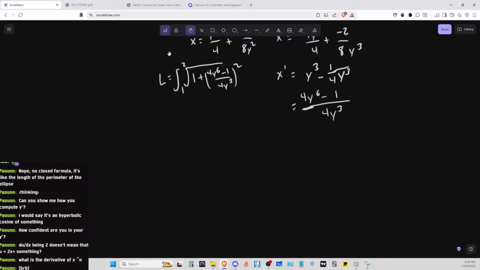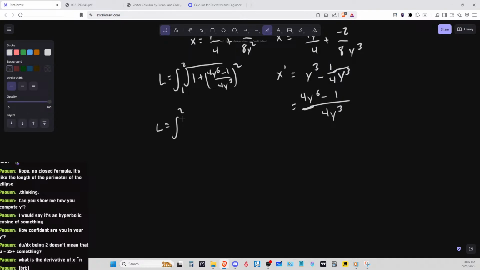For the difficult part, which is 2. So I think this bottom part would be 16 to the power of 6.